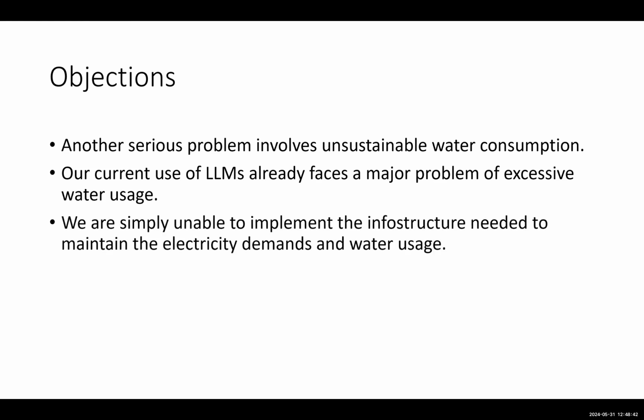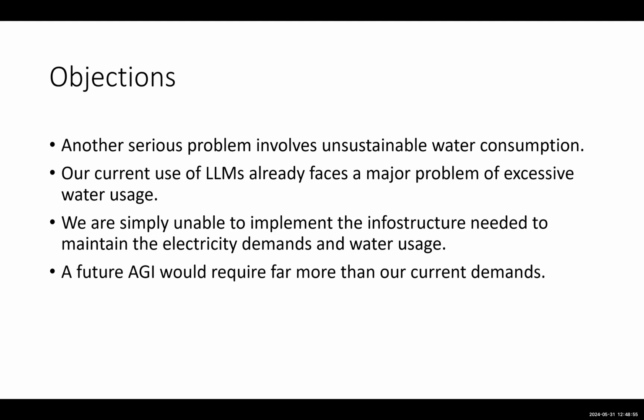We're simply unable to implement the kind of infrastructure that would be needed in order to maintain the electricity demands via water usage. In fact, many of our current companies are struggling with this problem. So a future AGI would definitely require much more than our current demands already suggest.